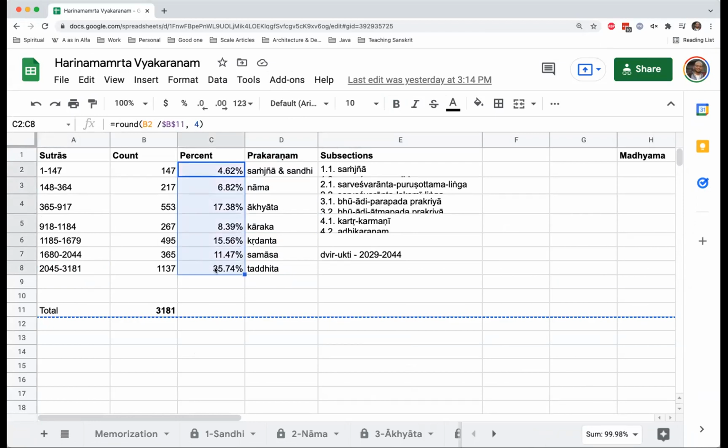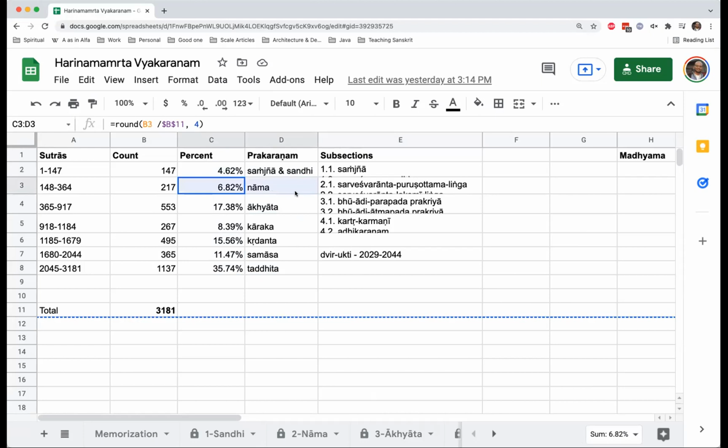The biggest chapter is the Taddhita, almost 50%, more than one third of the grammar is just this one chapter. The next big chapter is verbal forms: how do you make verbal forms? And the smallest chapter is the Sandhi. It's actually quite small, you can learn it very easily.